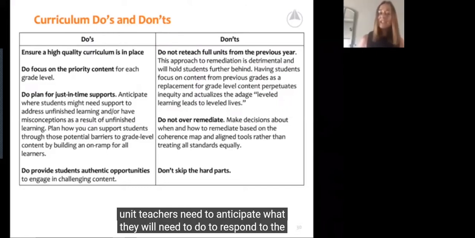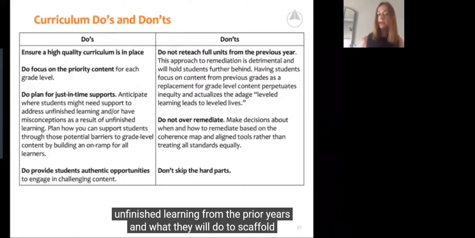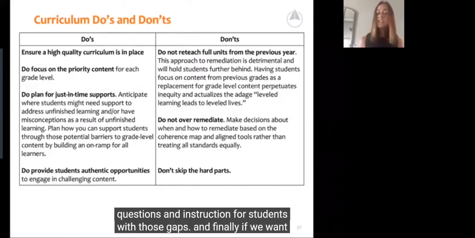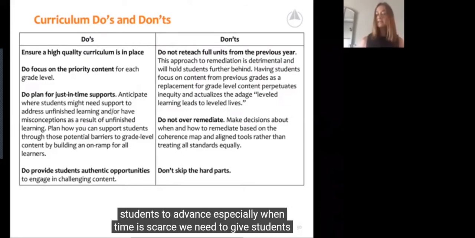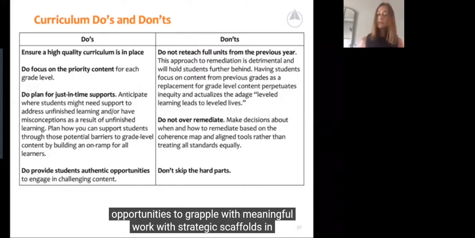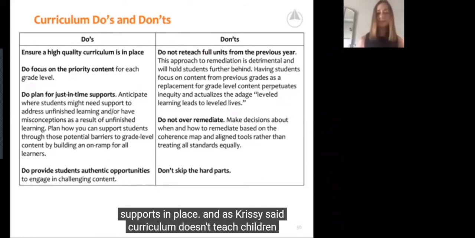And then within each unit, teachers need to anticipate what they will need to do to respond to the unfinished learning from the prior year, and what they will do to scaffold questions and instruction for students with those gaps. And finally, if we want students to advance, especially when time is scarce, we need to give students opportunities to grapple with meaningful work with strategic scaffolds and supports in place.